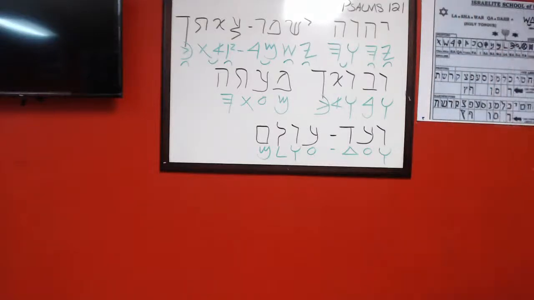Let me get that verse in the English, verse 8. This is the book of Psalms, chapter 121, verse 8 in English. The Lord shall preserve thy going out and thy coming in from this time forth and even forevermore. Absolutely, man.